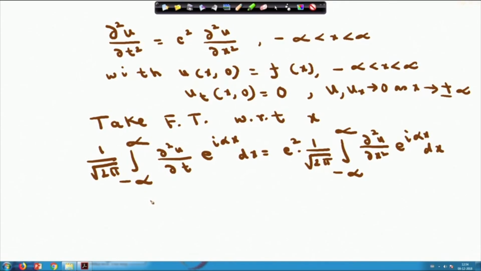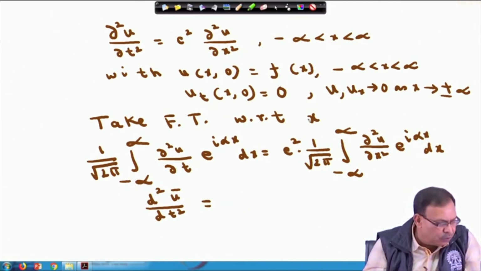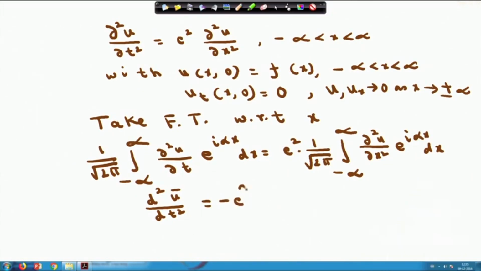And the left hand side obviously will be d²ū/dt², where ū is nothing but the Fourier transform of u. Please note this one, ū is the Fourier transform of u, and the right side, if you use the conditions given to us, you will obtain minus c² α² ū(α,t).